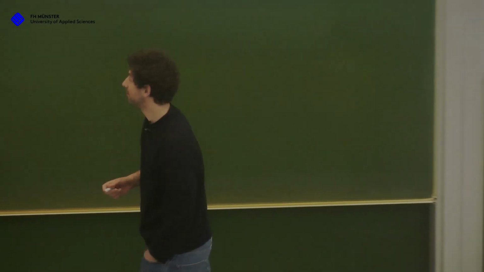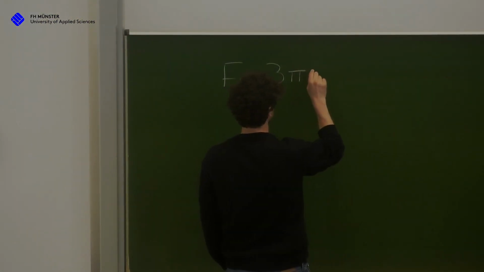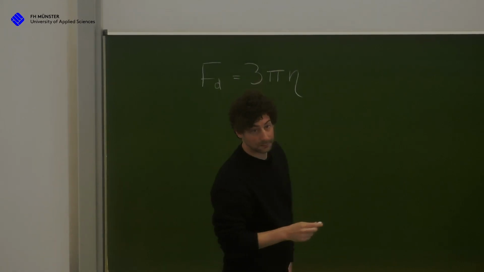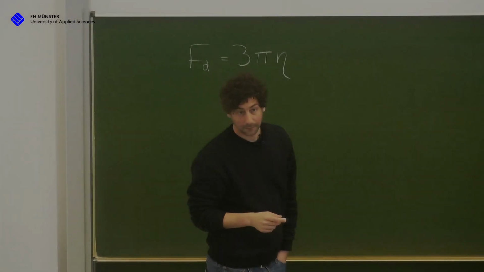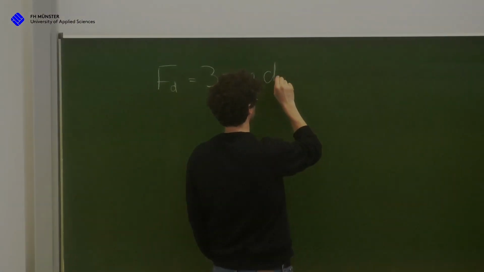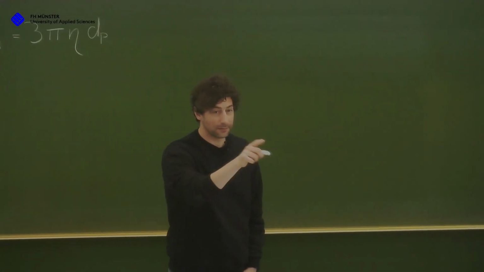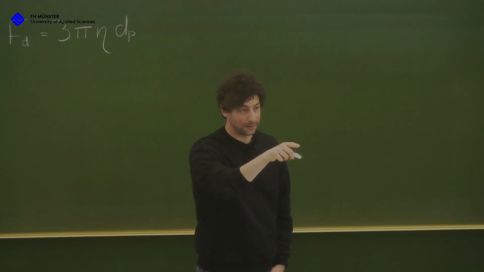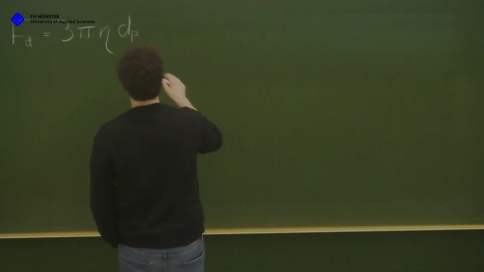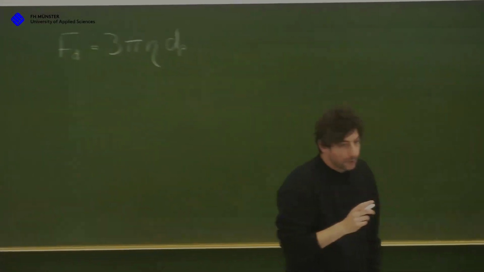3 pi mu, D or D squared? D, okay. What else?